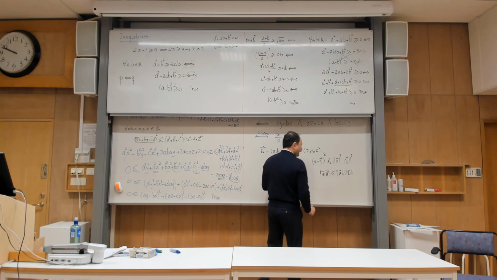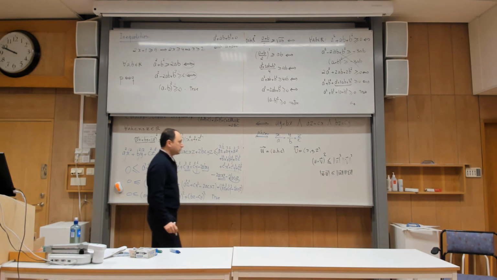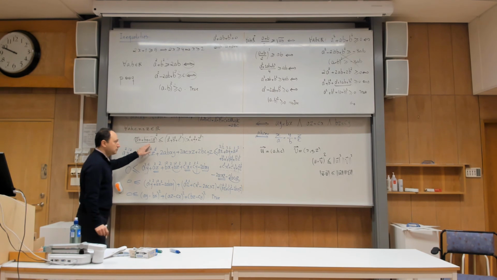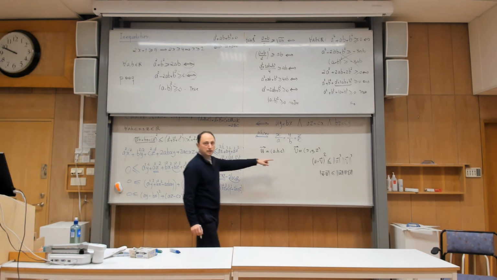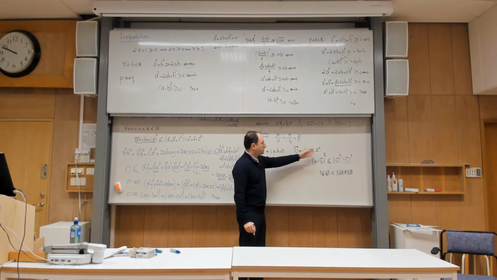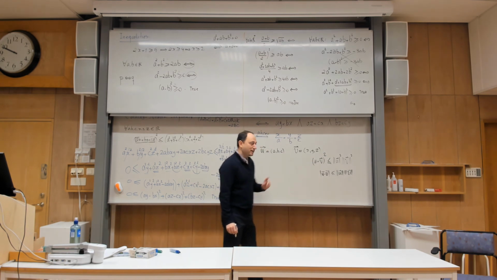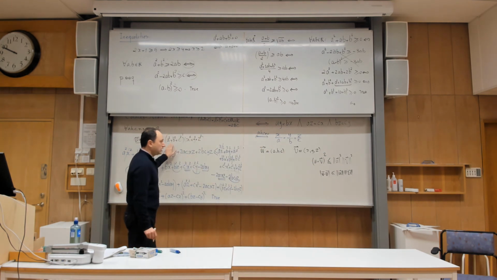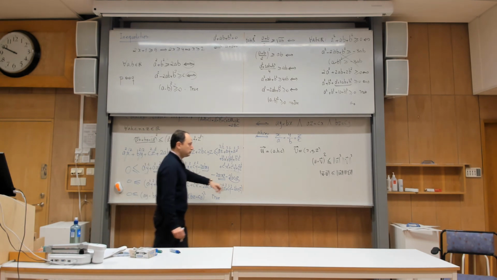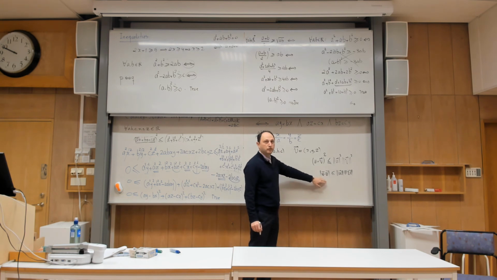So I hope that you agree, in the language of vectors, this inequality can be translated into this inequality among vectors. If I take the square root, it is equivalent to this one. So whether this is true or false translates into this inequality being true or false.